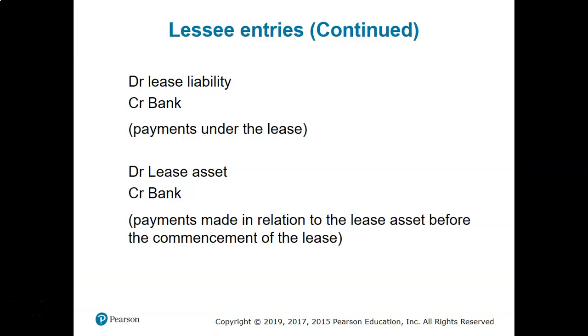Welcome again. So let's see the transactions that are supposed to be recorded in the books of the lessee. As we mentioned before, the lessee is supposed to recognize the amount as liability. That is the lease.